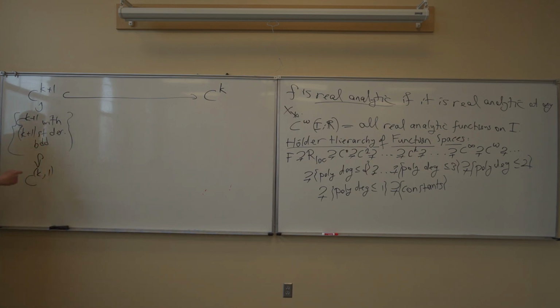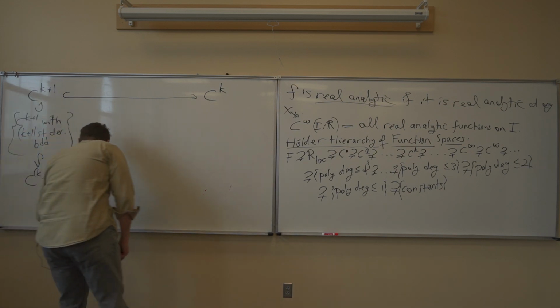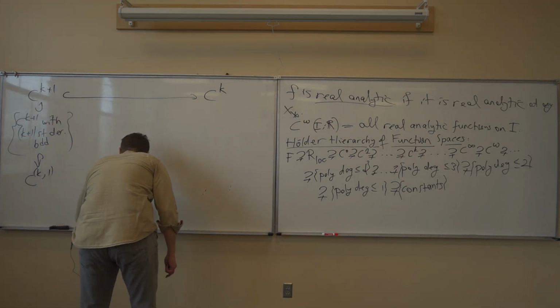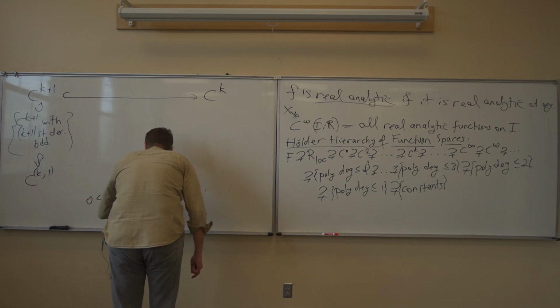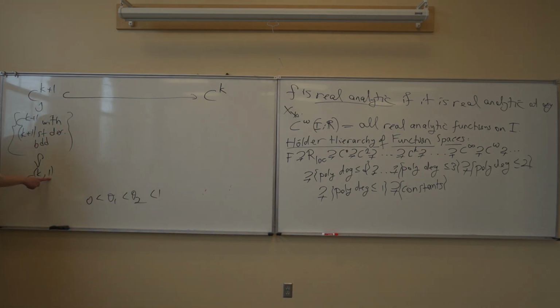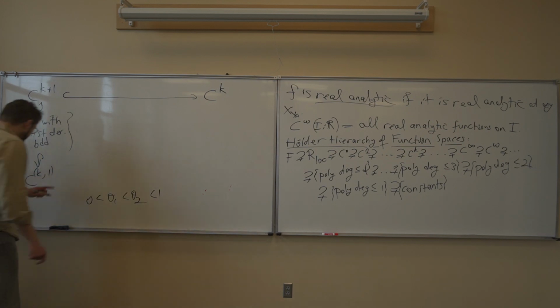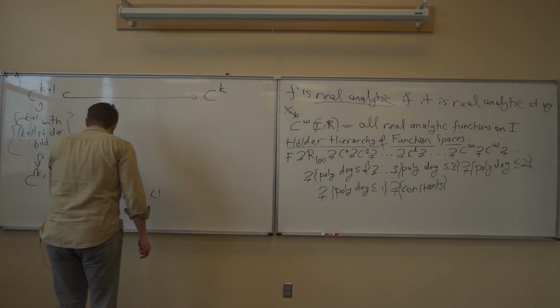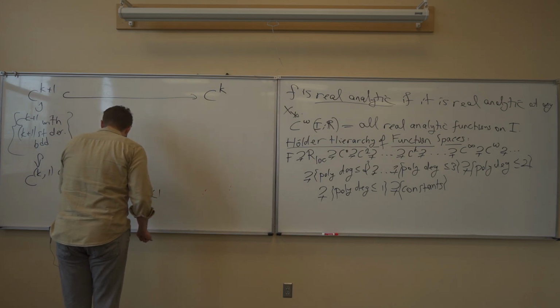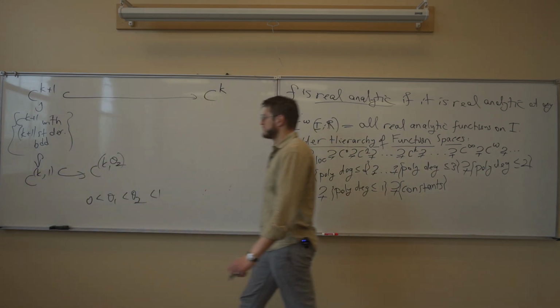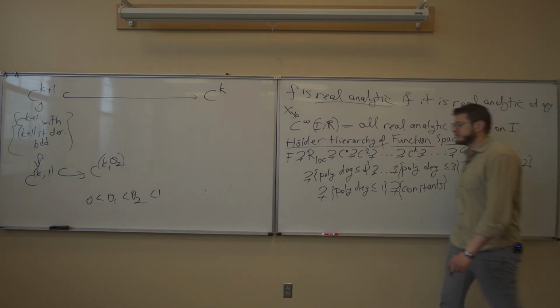So now you're looking at the fractional derivative. You see, this is a notation that allows you to keep track of the differentiability in the strong sense as well as differentiability in the weak sense. But then, of course, if we had two exponents like this, theta 1, theta 2, any function whose kth derivative is Lipschitz is inside C^(k, theta 2), k times differentiable with the kth derivative theta 2 Hölder.